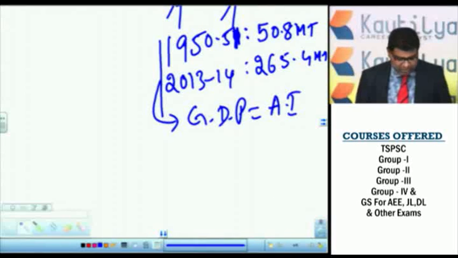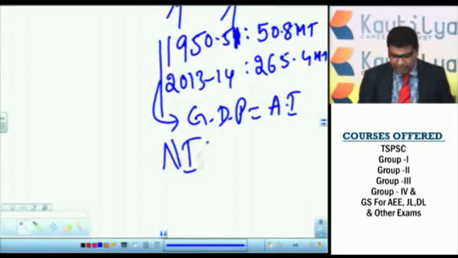So economic growth is defined as a sustained annual increase in the economy's real national income over a long period of time. A long-term increasing national income is nothing but economic growth.